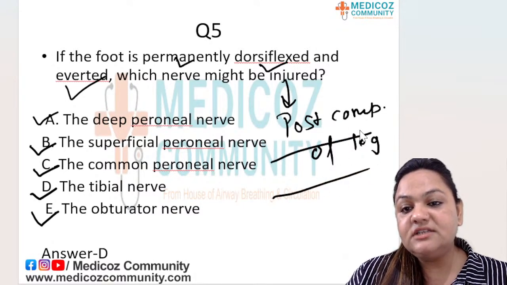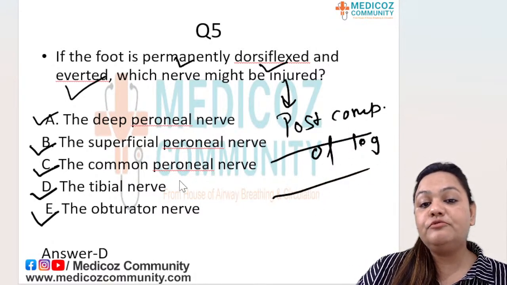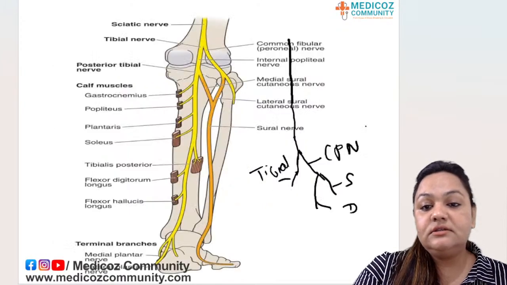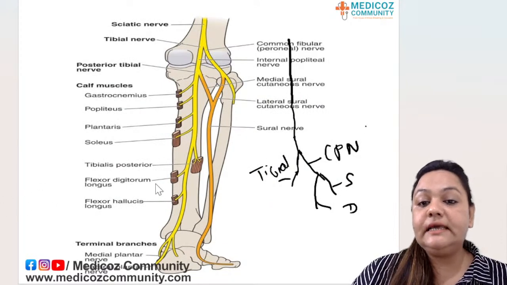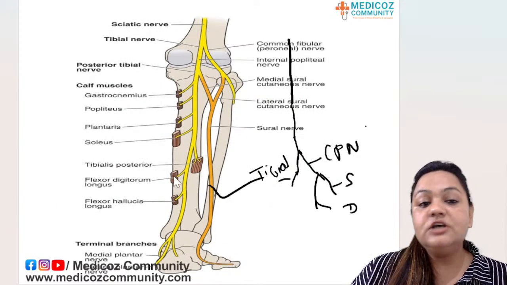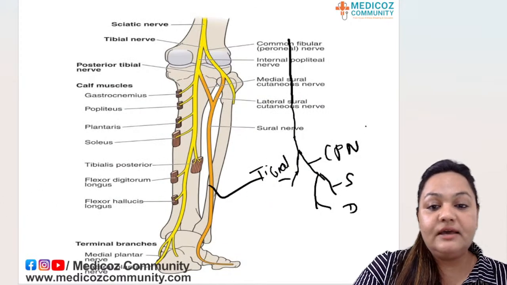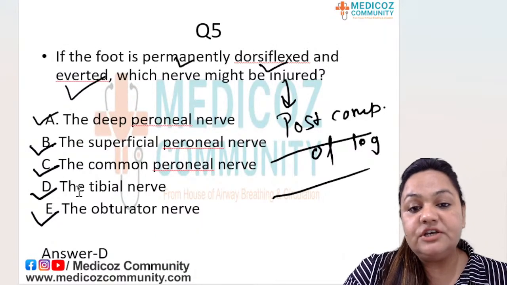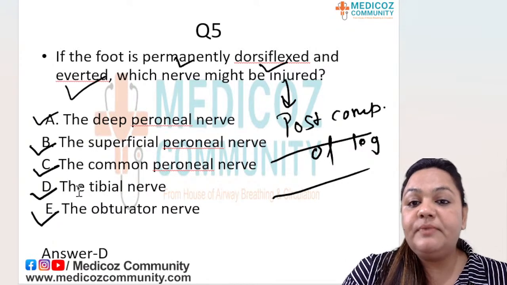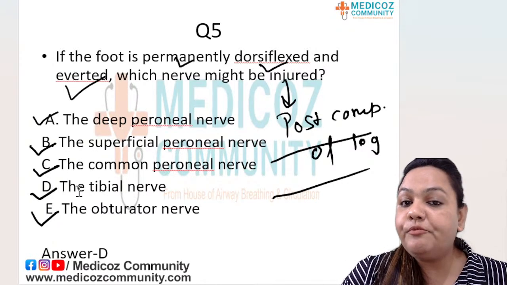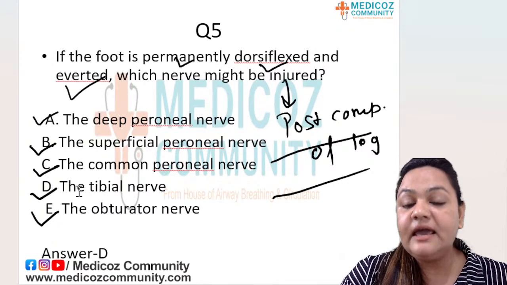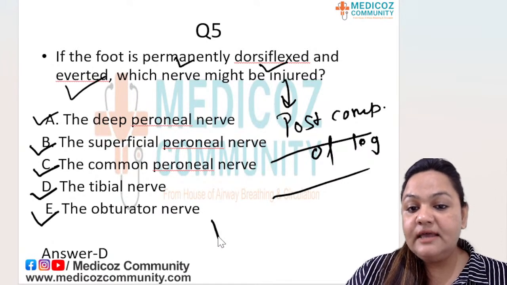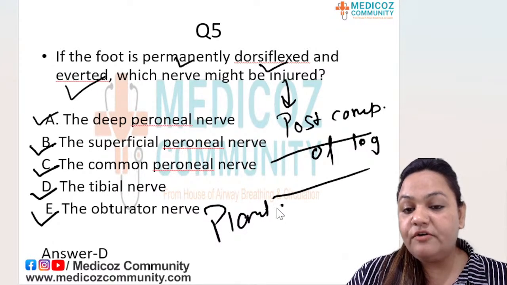At this point we all know the muscles of the posterior compartment of the leg are supplied by which nerve? The tibial nerve. So the answer for this question is the tibial nerve. When the tibial nerve is injured, it will cause paralysis of the muscles of the posterior compartment of the leg, because these muscles are the plantar flexors of the foot.